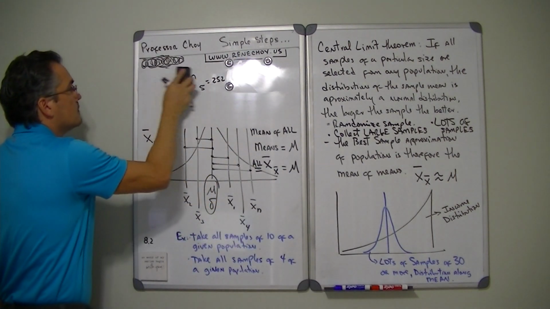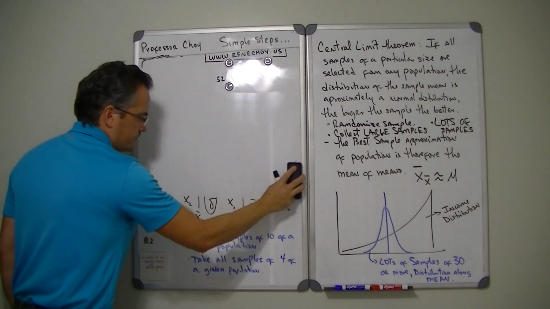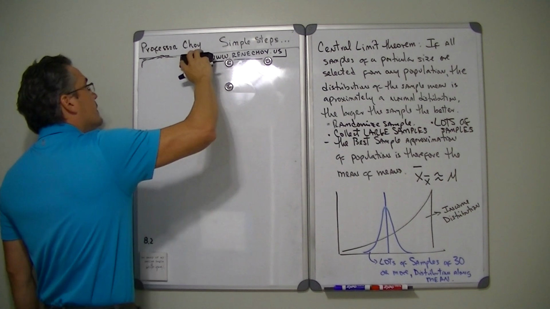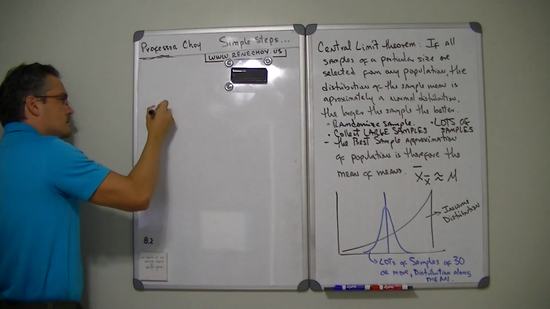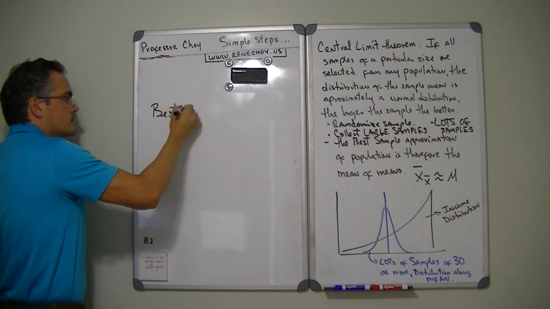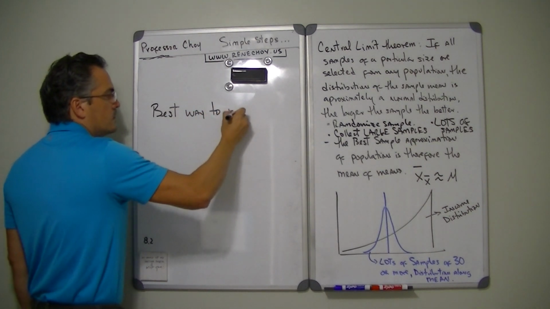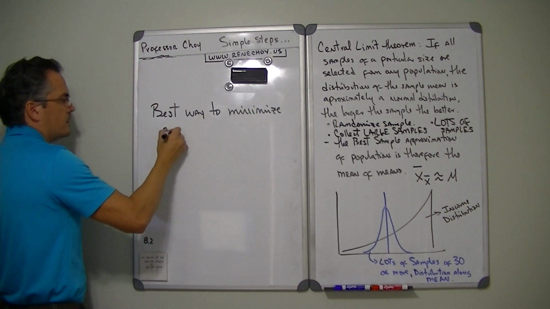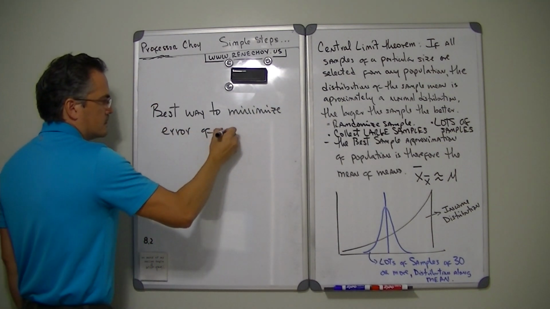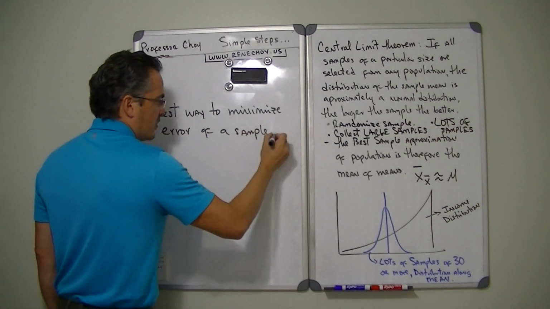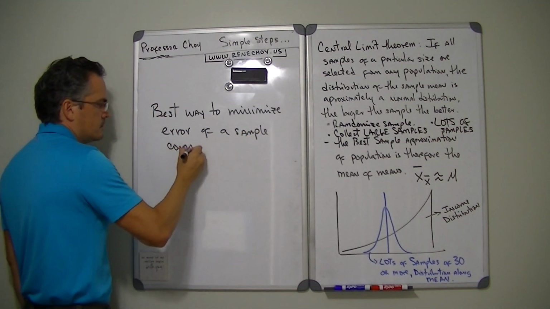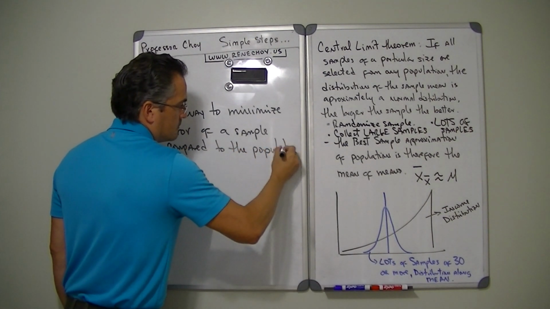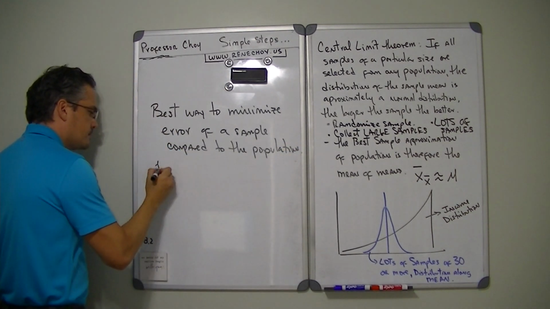So, the best way to minimize the error of a sample compared to a population is 1.